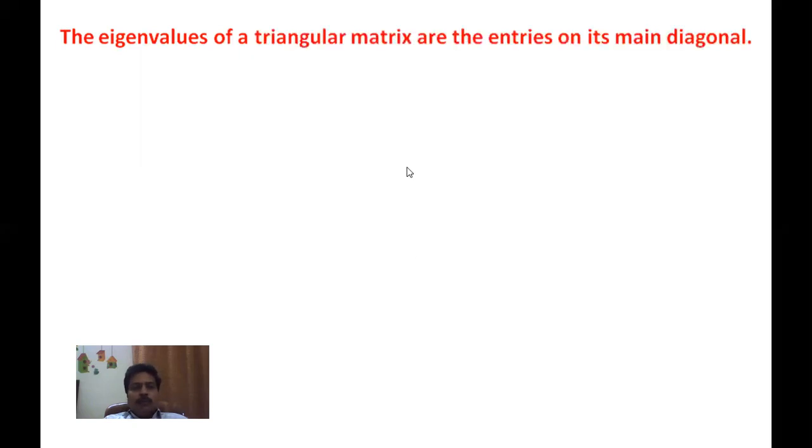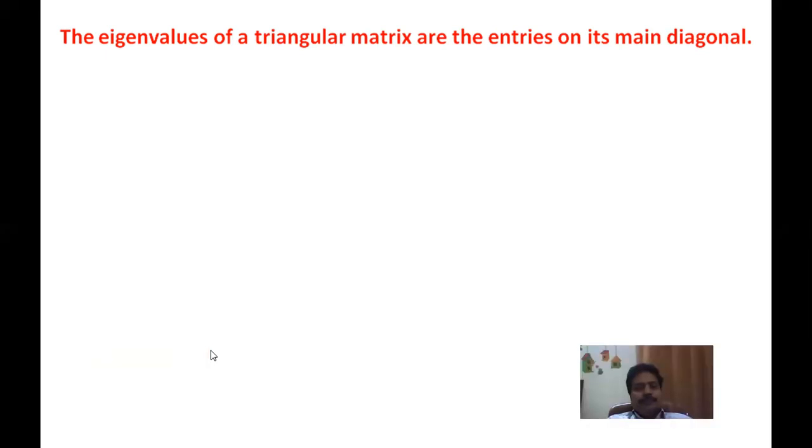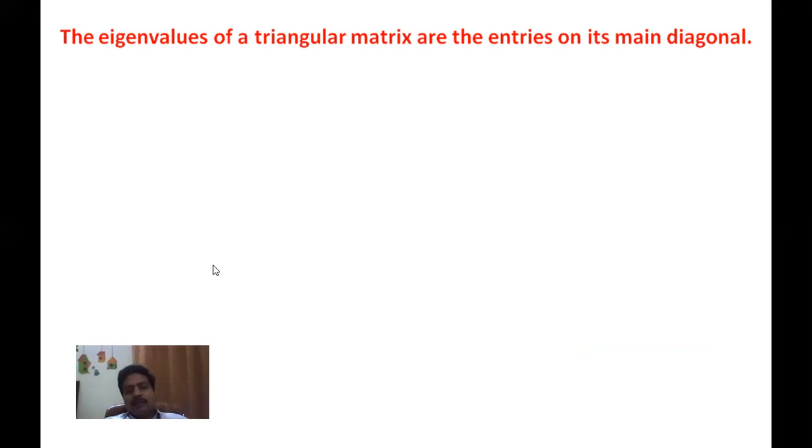And let us prove this interesting theorem, which will be very useful in finding the eigenvalues whenever the given matrix is in triangular form. The statement says that the eigenvalues of a triangular matrix are the entries on its main diagonal.